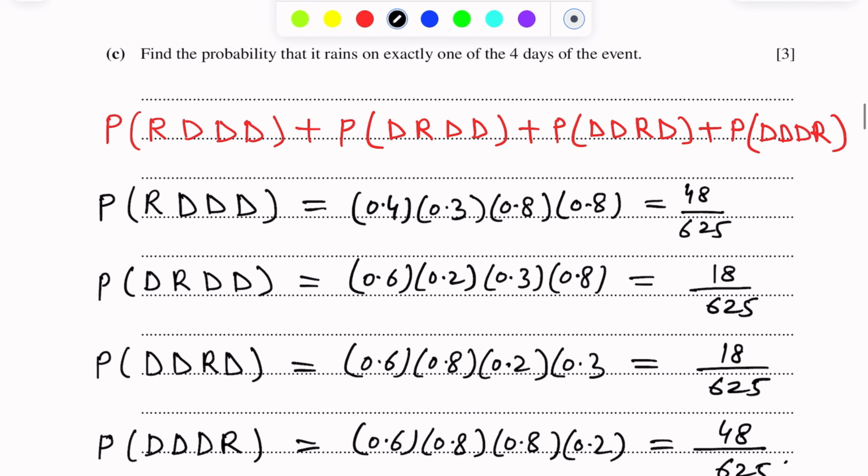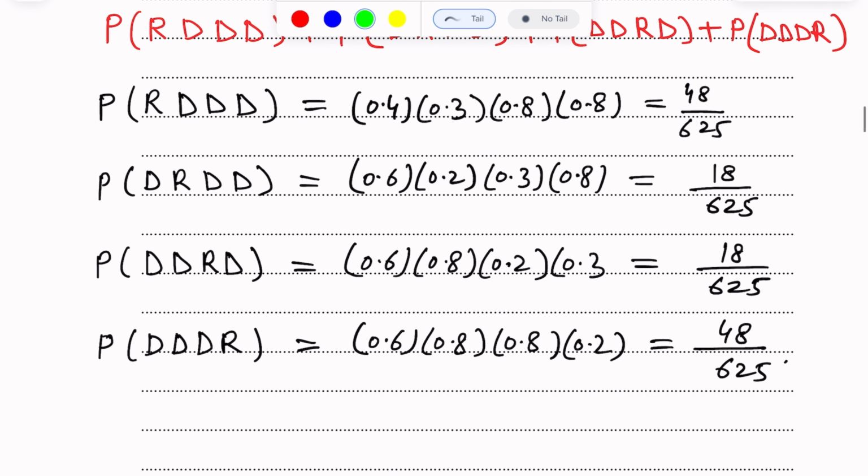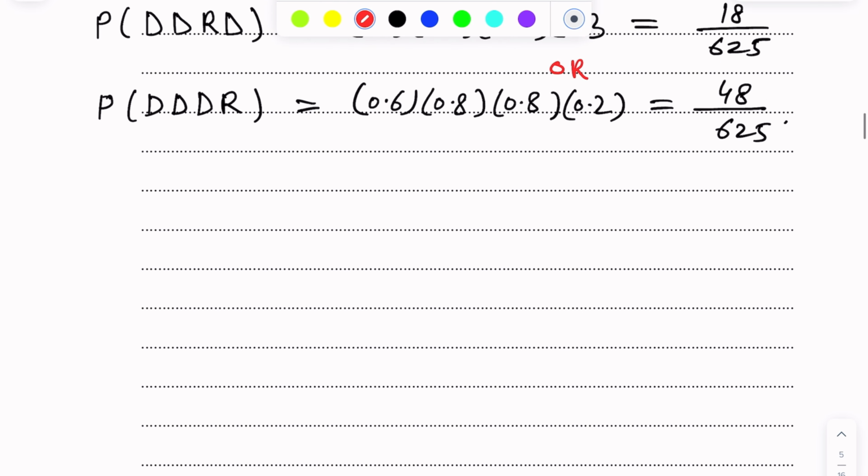Now we will add all these options. We will add up the answers of all the options because there is the word or. Or means addition in statistics.